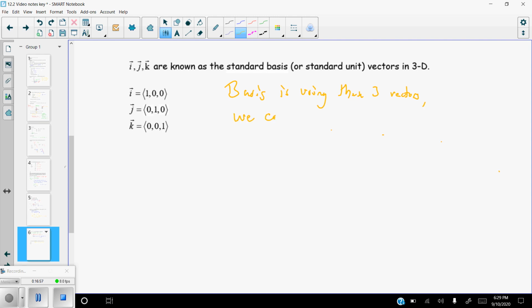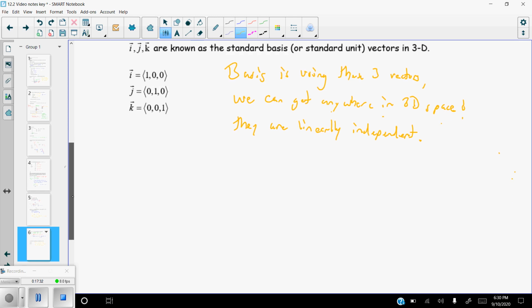And the last part about that is they are linearly independent. I'm not going to go into depth as far as what linearly independent is. That is definitely a linear algebra concept. But this is ultimately what it means.